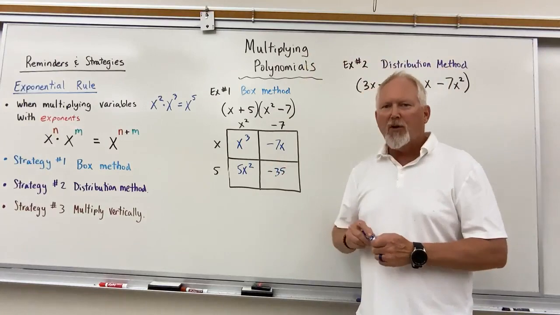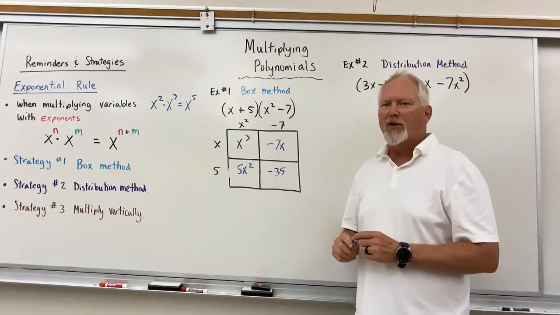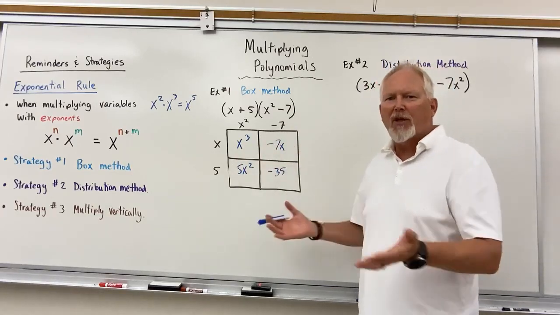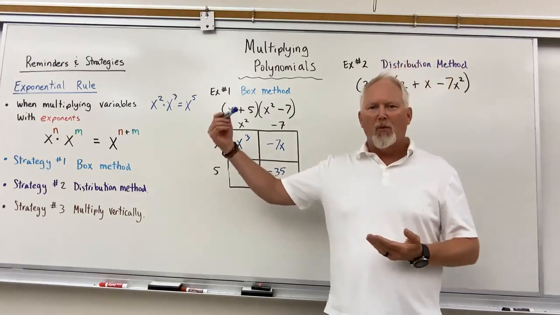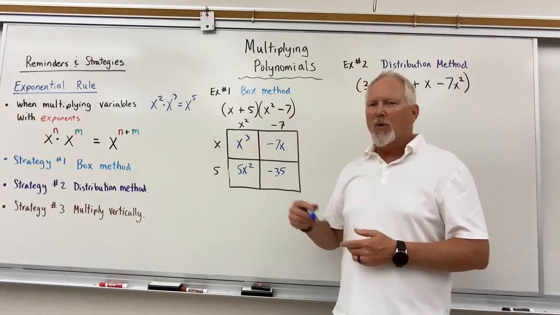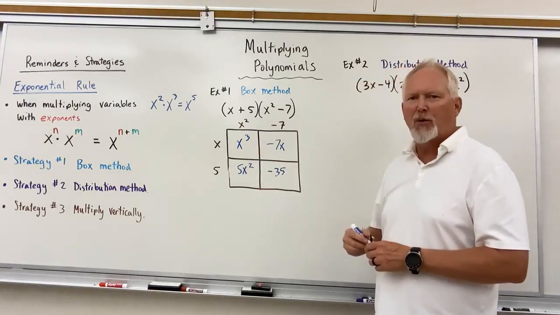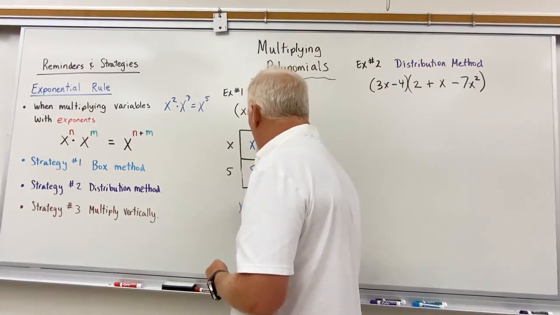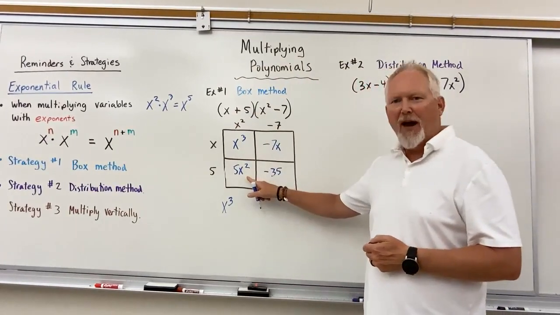Okay, and once you have those in your box complete, then what we can do is we just take each piece out and we put them together in one standard form. So in standard form, remember we're going descending powers, so we want the highest power in the front. So I look here and I go, okay, x cubed is my highest power. So this is x cubed. And then there's a 5x squared.